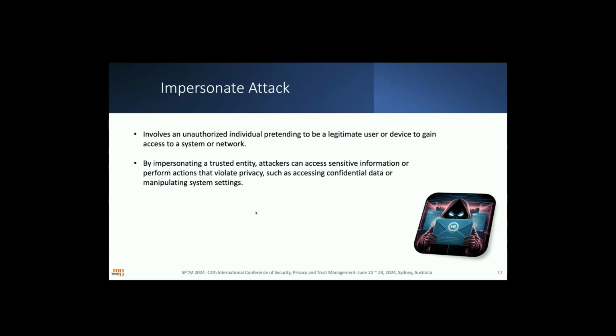By posing as a trusted entity, attackers can get hold of sensitive information or do things that breach privacy, like snooping on confidential data or tweaking system settings. For example, think of an attacker sending a phishing email pretending to be from a company's HR team, asking an employee for sensitive information.